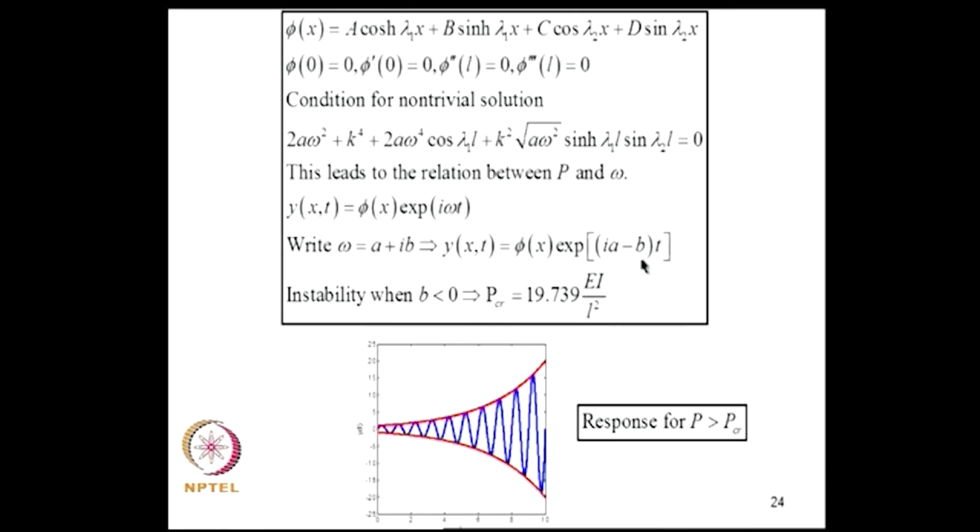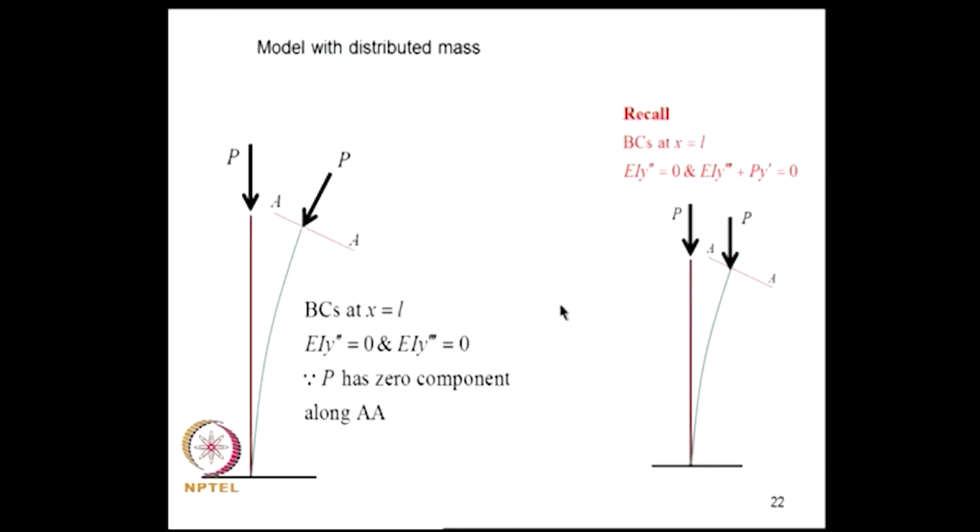So, for b less than 0 there will be instability, because the real part of this exponent will be positive and as t tends to infinity the solution grows, and that helps us to determine the critical load, which is 19.739 EI by L square. So, this result contradicts this analysis, which showed that for all values of P the response is stable.